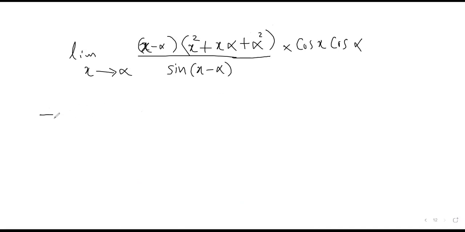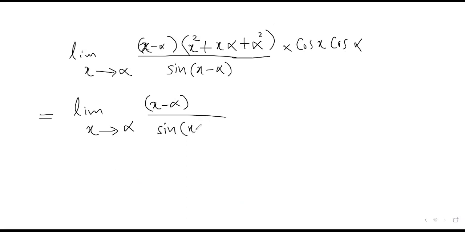Now you can take x minus alpha over sin x minus alpha. එතකොට මෙතන you can change this limit, now x is going to alpha, then x minus alpha is going to 0.